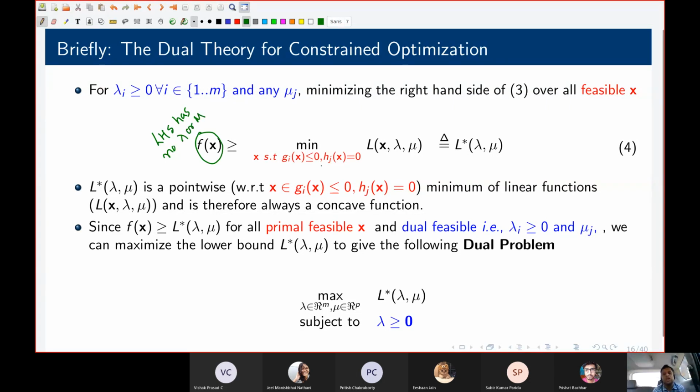The right-hand side, on the other hand, has lambda and mu. Now what are we going to do? The first thing is, the RHS unfortunately has x.